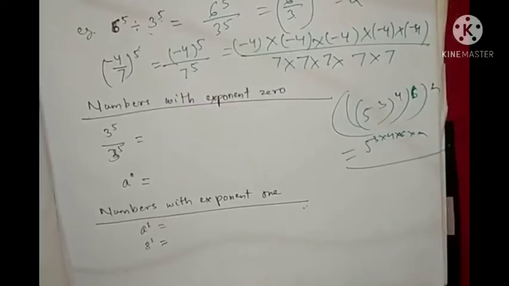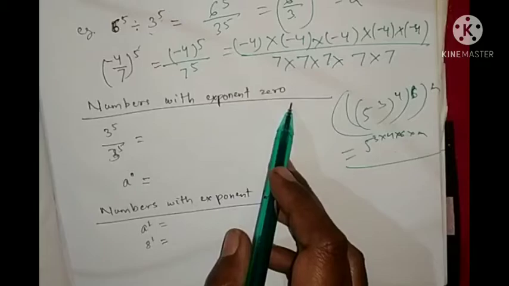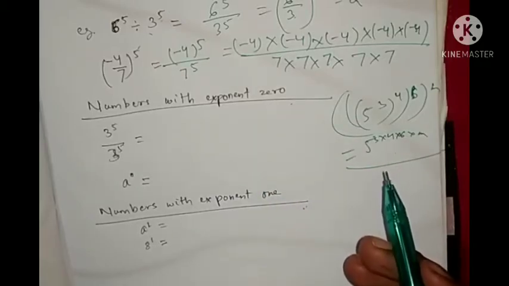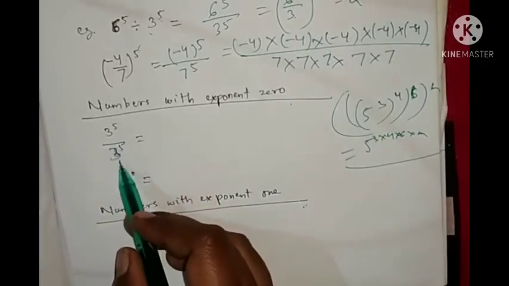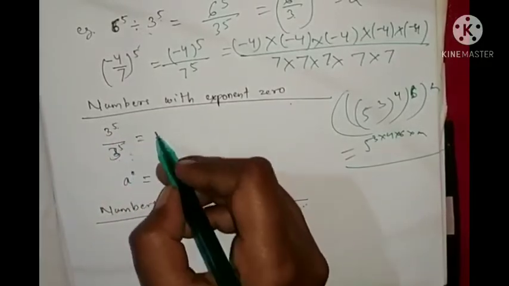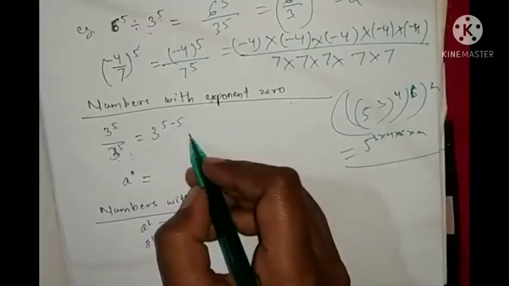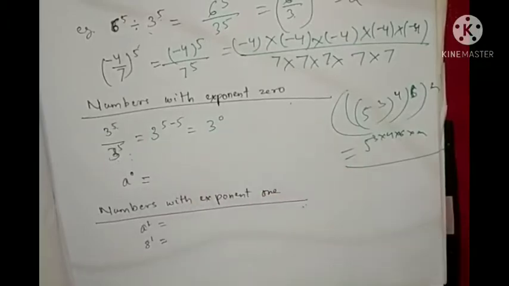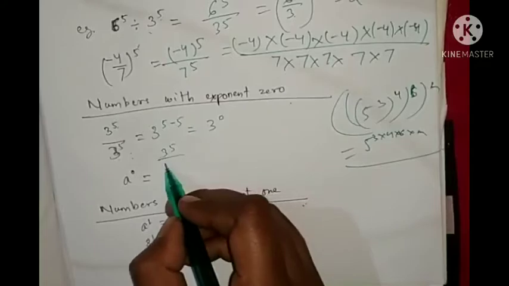Okay. Next see, numbers with zero exponent. So what you will do? 3 to the power 5 by 3 to the power 5. The same base, same exponent. So what you will write? 3 to the power 5 minus 5. This one you can write as 3 to the power 0. Next, you can write as 3 to the power 5 by 3 to the power 5.